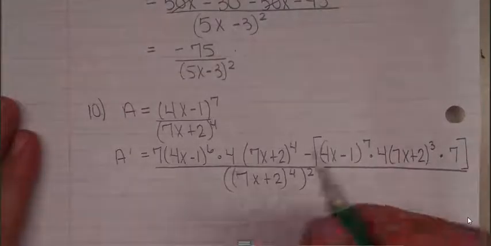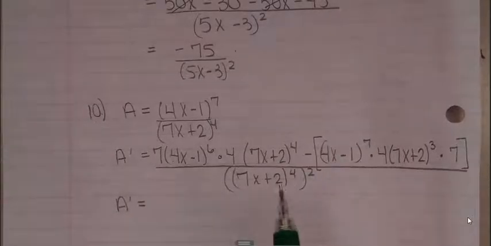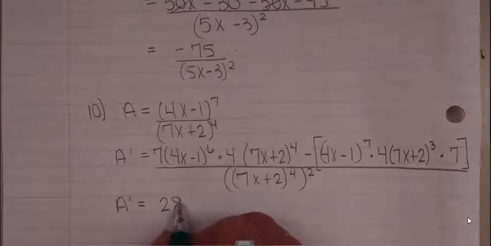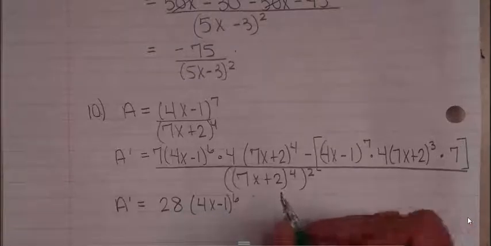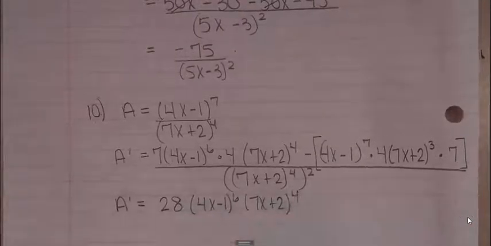Okay, so continuing on from here, let's see what I've got. Well, it looks like I have a 28, and then a 4x minus 1 to the 6th, and a 7x plus 2 to the 4th.